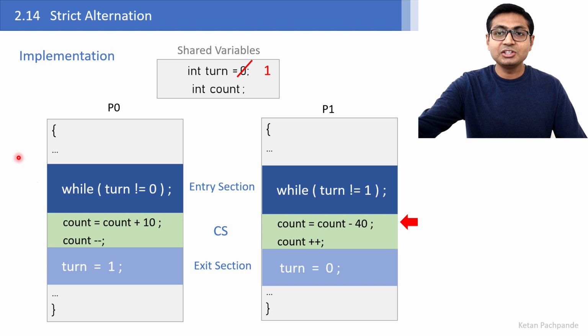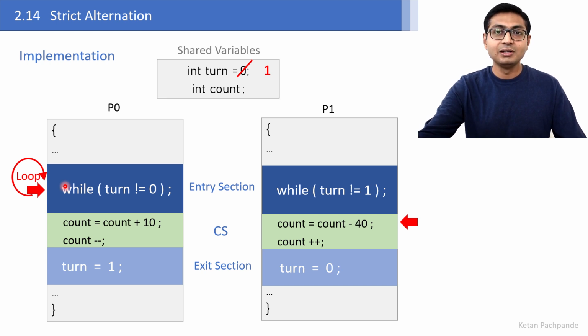It again asks the entry section, can I enter? But this time what is the value? Which is 1. 1 not equal to 0. Condition is true and it starts looping. Means till the P1 completes, it cannot enter into critical section. So that's how the implementation of strict alternation mechanism works.